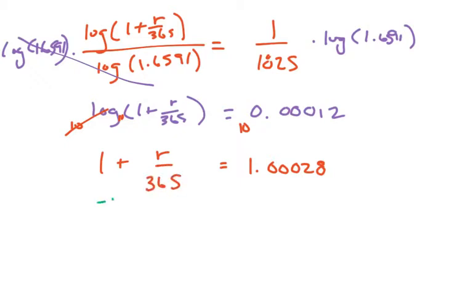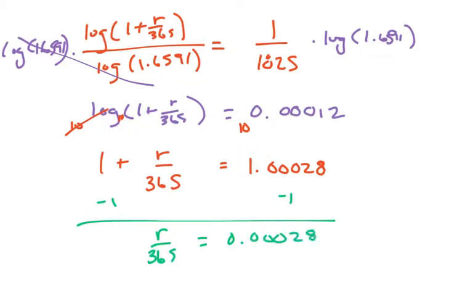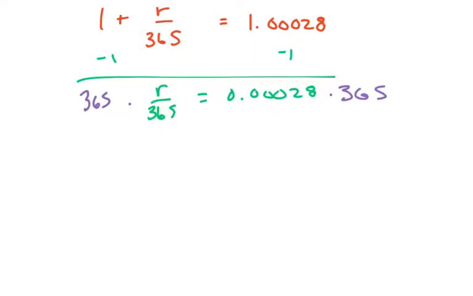To solve, we'll subtract a 1, and so we're saying what divided by 365 makes 0.00028, and so we'll multiply both sides by 365. I swear we're getting there.